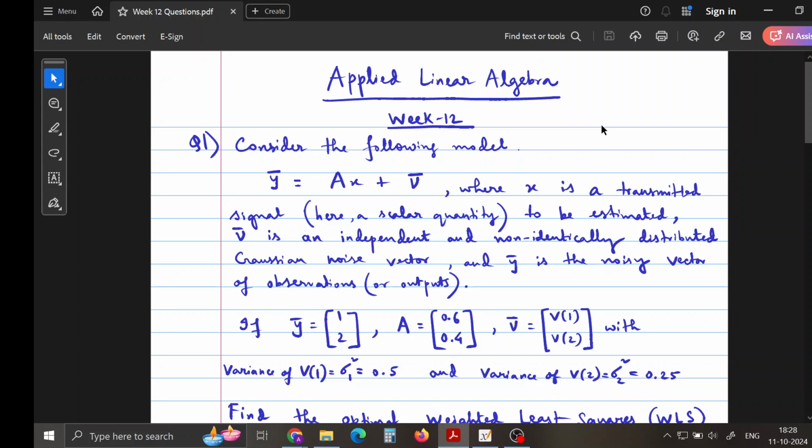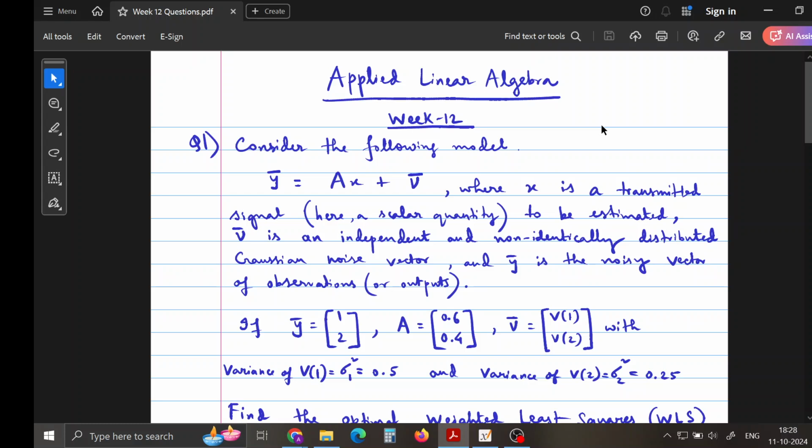And for this problem you are given y bar, the output vector of noisy observations. It's a 2 by 1 vector with the entries 1 and 2. A is also a 2 by 1 vector with the entries 0.6 and 0.4, and this noise vector v bar has samples v of 1 and v of 2.